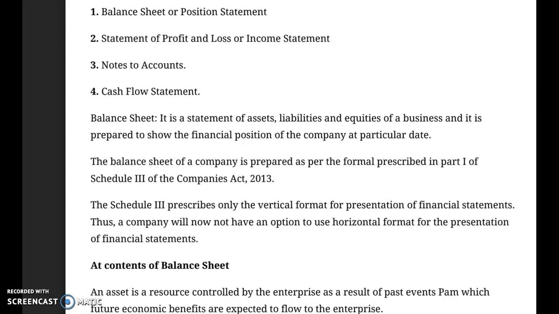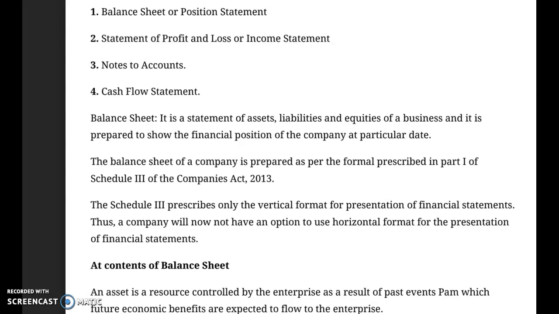But under the Companies Act 2013, Schedule 3 makes it mandatory that companies must present their balance sheet in the vertical form, not in the horizontal form. In the vertical form, everything is shown in one line.